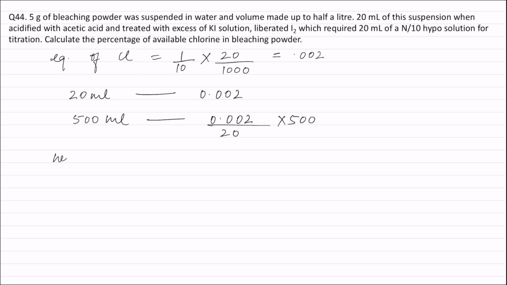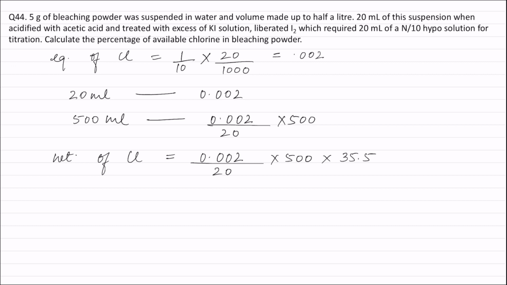From this, weight of chlorine will be equal to equivalents of chlorine, that is 0.002/20 × 500, into equivalent weight of chlorine, that is 35.5.